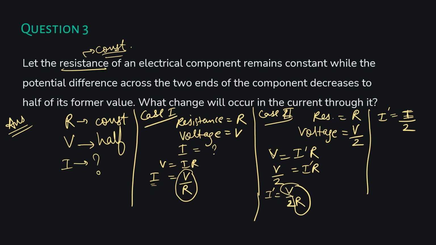So you can also write in the end that this in a way verifies our Ohm's law, because voltage becomes half of the original value, and proportionally current also becomes half. So our answer agrees with Ohm's law. Okay, you can write that too.